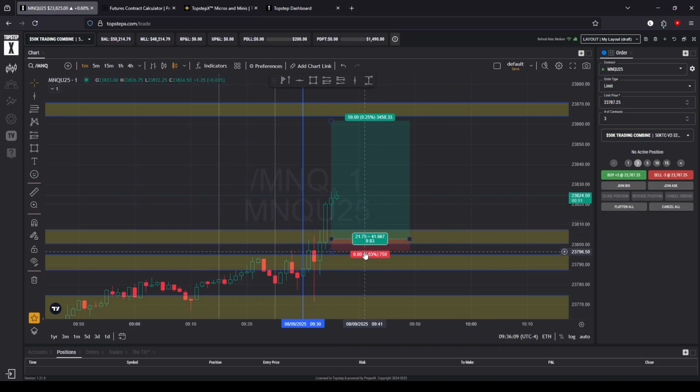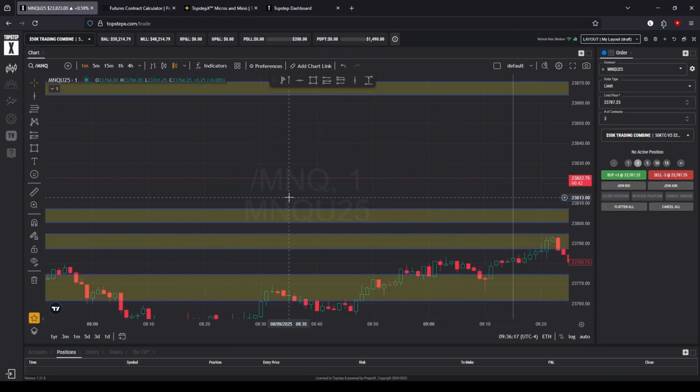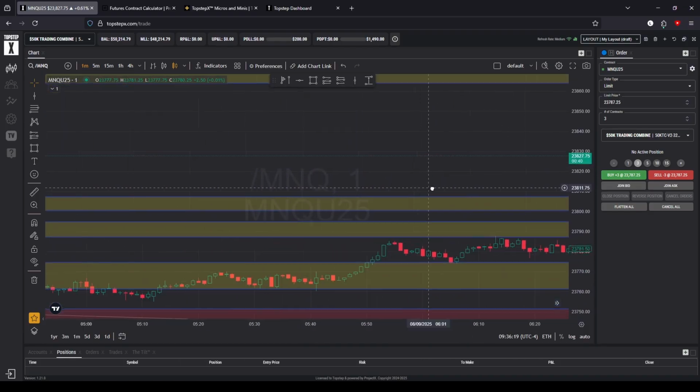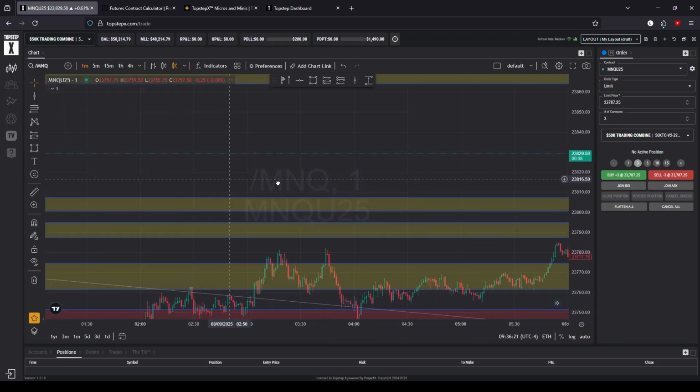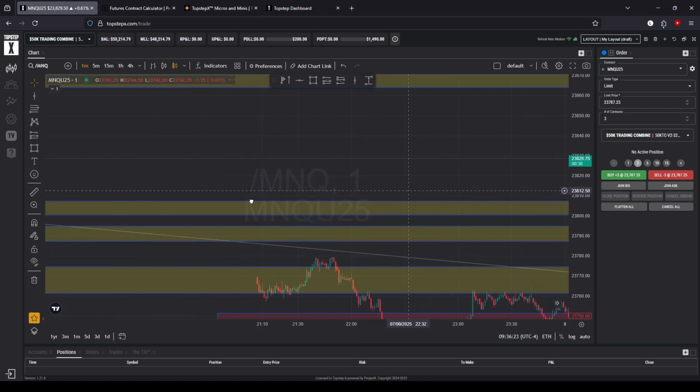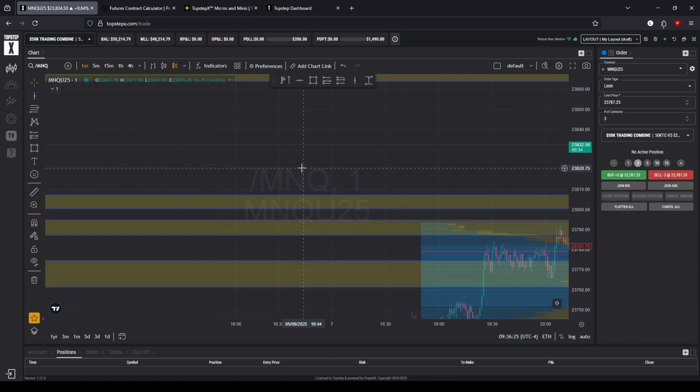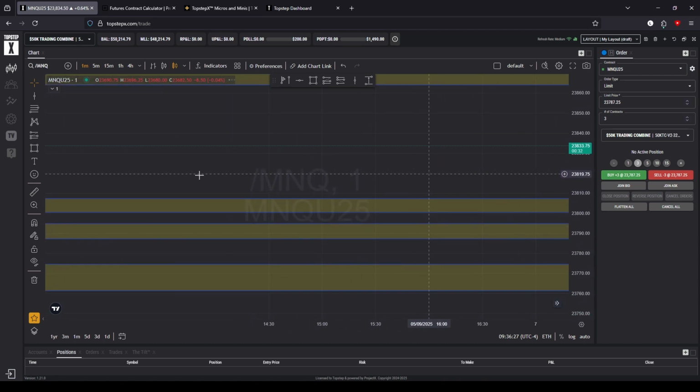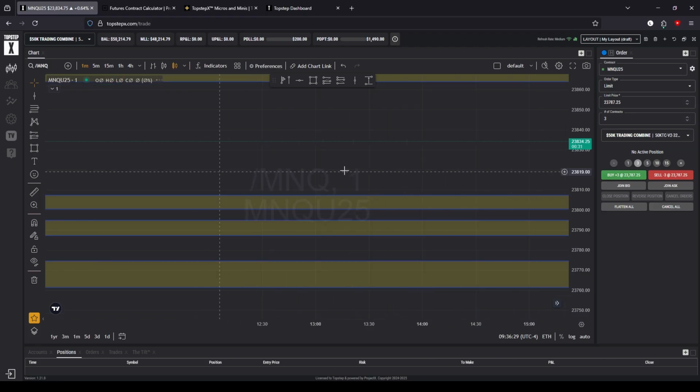if I had it here, I'd still be risking $100, and this is, I'd say, a low probability trade. I'm just going to see how this zone has been respected or not. So we have to go quite far back.